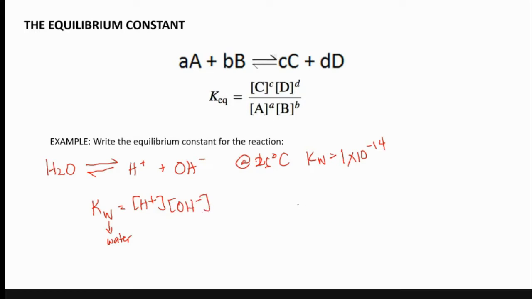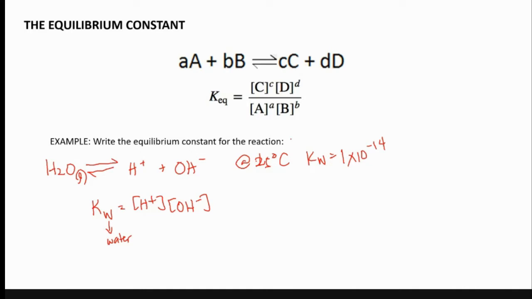Yan lang. Ilalagay ba natin si water? Meron ba siyang denominator? Hindi. Kasi liquid siya. Yeah. So, ayan na. Yan na yung equilibrium expression ng water or the autoionization of water.